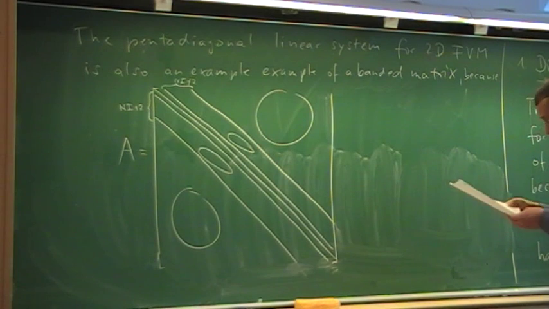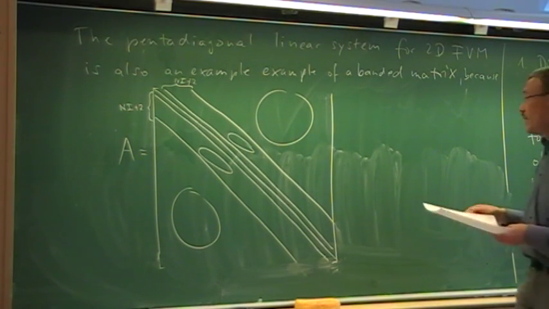So we have a banded matrix, and now we could try to solve that similar to the Thomas algorithm, by LU factorization. However, there we get a problem.